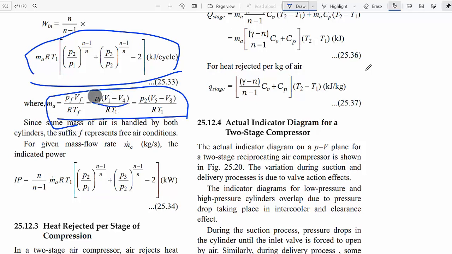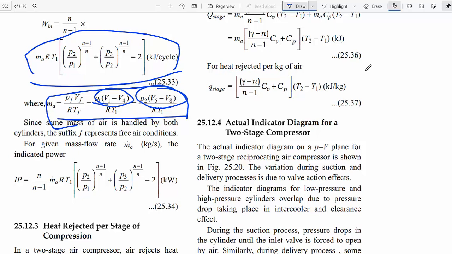Here the terms are different, but the mass flow rate is the same, because of steady flow energy analysis, SFEE. Therefore I can convert P1 into (V1 minus V4) into m R T with the help of this relation.